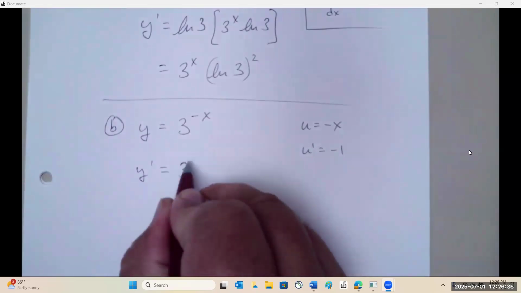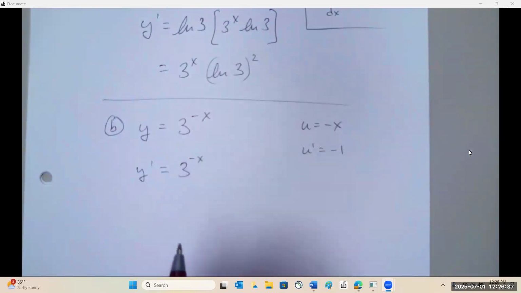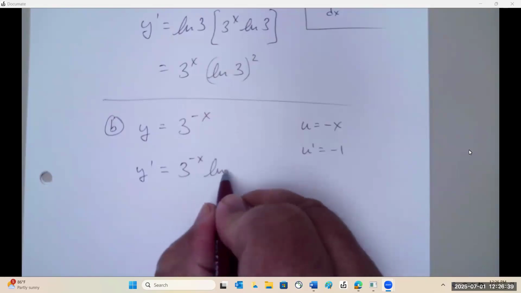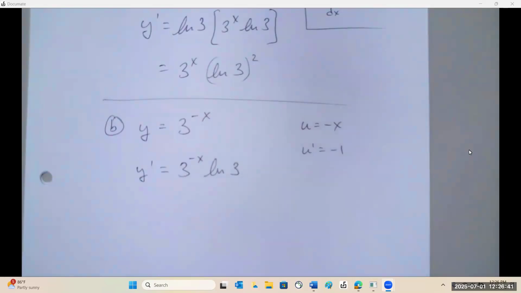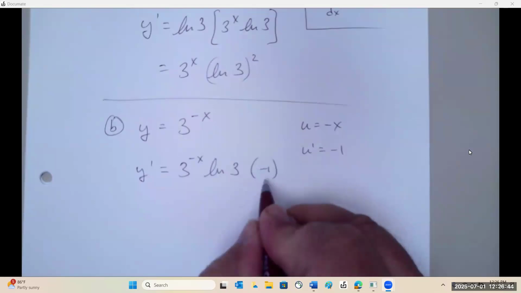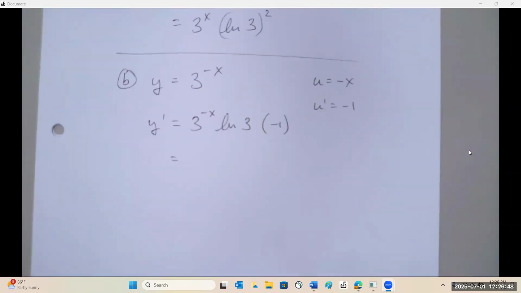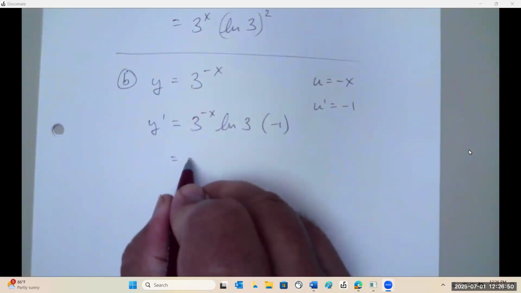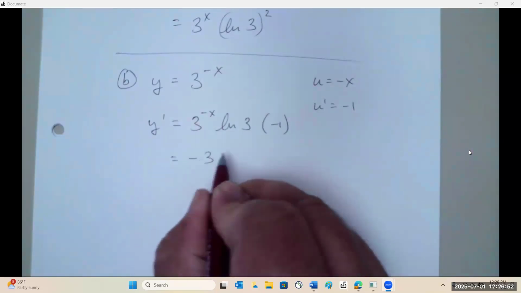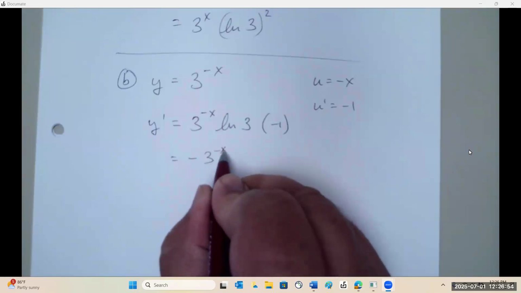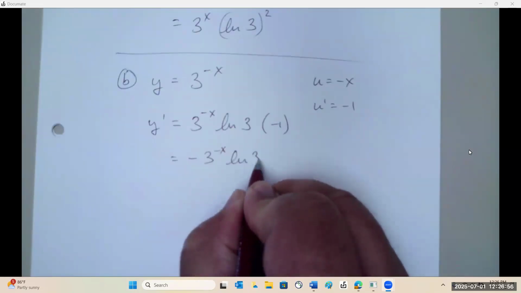So you have a to the power u, ln a, which is ln 3, times negative 1. So it's negative 3 to the negative x, ln 3.